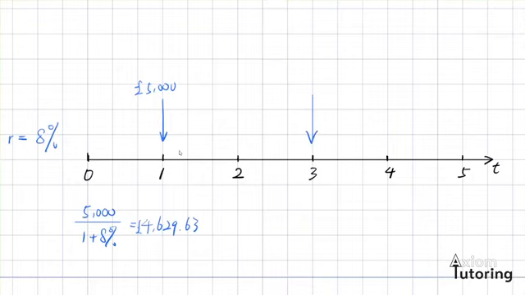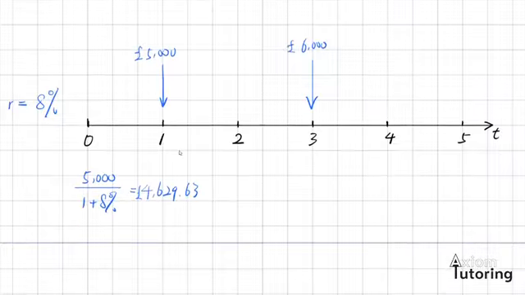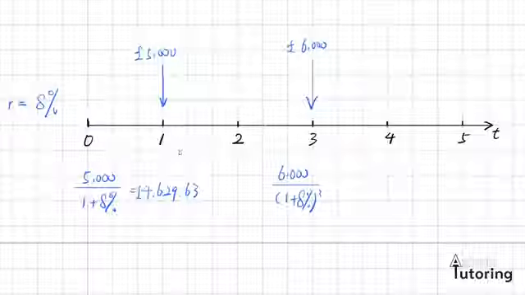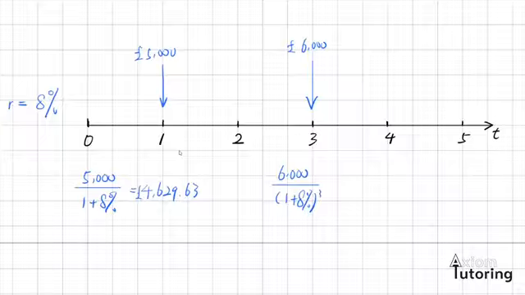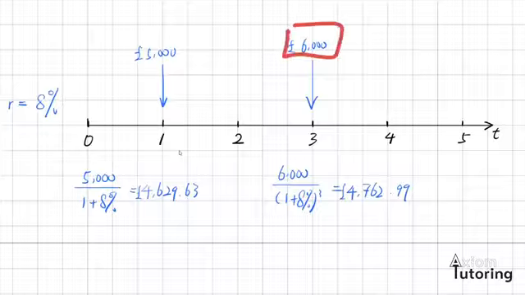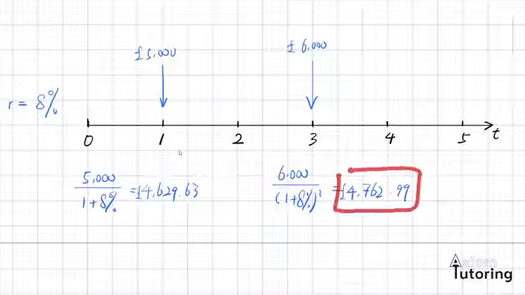What if I receive, let's say, £6,000 in 3 years' time, and the discount rate is the same? I simply have to use 6,000 divided by 1 plus 8% to the power of 3. On your calculator, you can simply calculate 6,000 divided by 1.08 to the power of 3, which gives me 4,762.99 pounds. So this amount of money in the future is worth £4,762.99 at present.